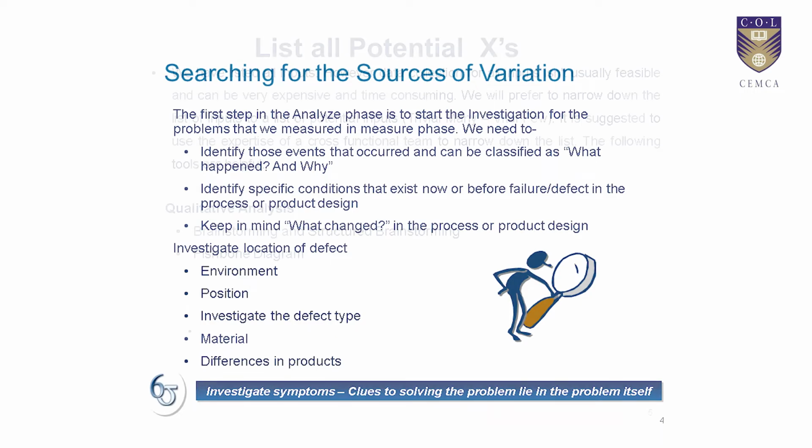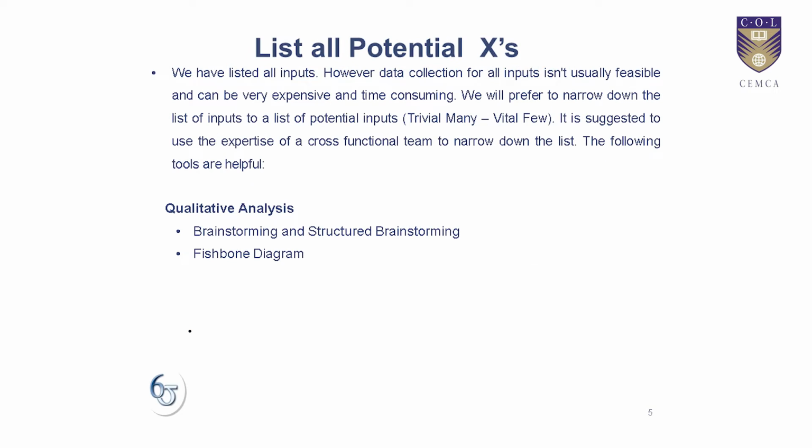We are going to use some key methods. One very important method is called qualitative analysis. In the qualitative analysis, we shall use the brainstorming method, and then we'll also use another very important method called the fishbone diagram. The second method is called process map analysis.